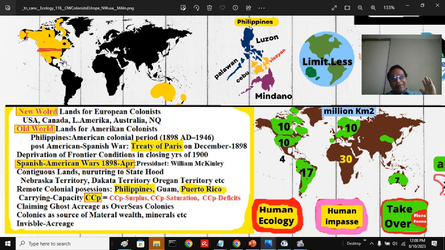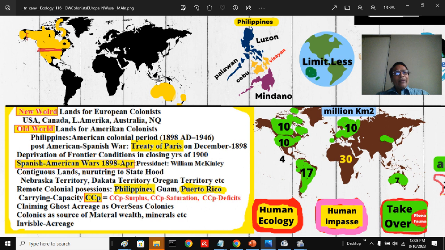The difference is that when America expanded from coast to coast after it became independent around 1776 to the 1850s or so, including California, the lands were contiguous. That means they were next to each other geographically, and could later be nurtured into statehood. At that time they were called territories, like Nebraska Territory, Dakota Territory, Oregon Territory, and so on.